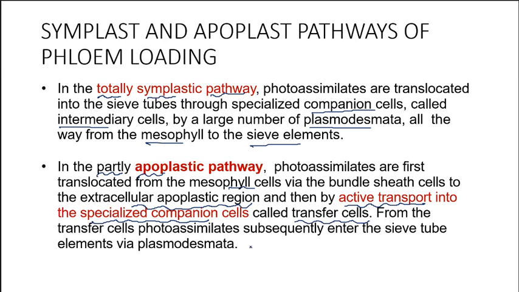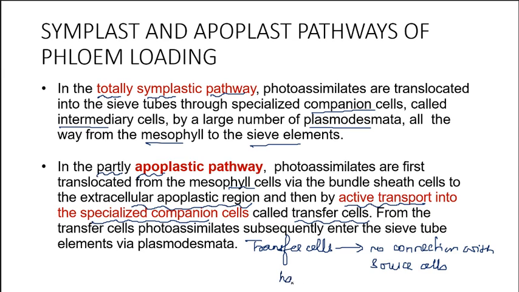These transfer cells have no plasmodesmata with source, but they have plasmodesmata with sieve element. Okay, so ultimately via the plasmodesmata they enter into the sieve tube element.